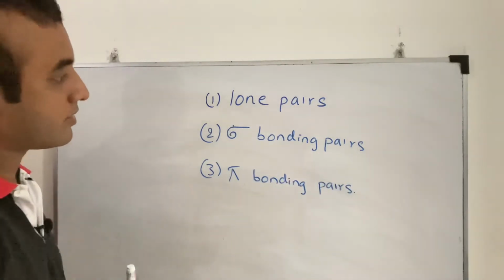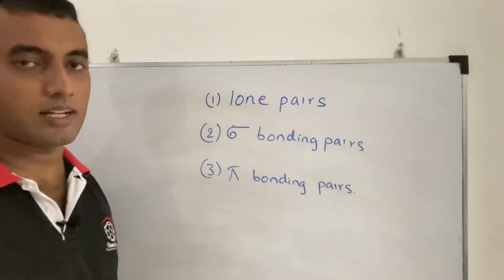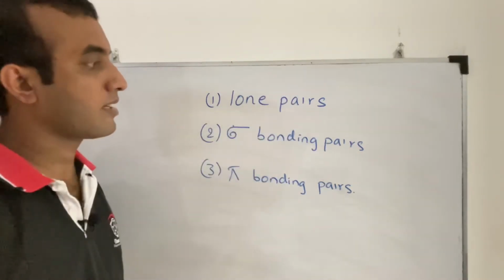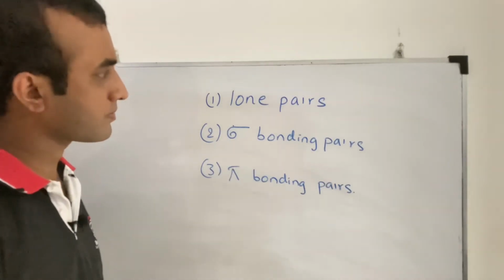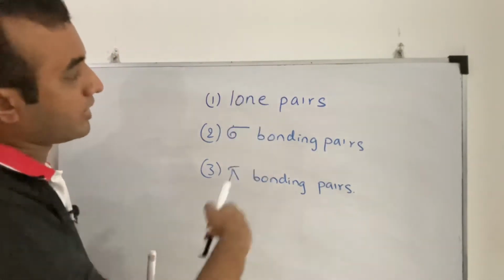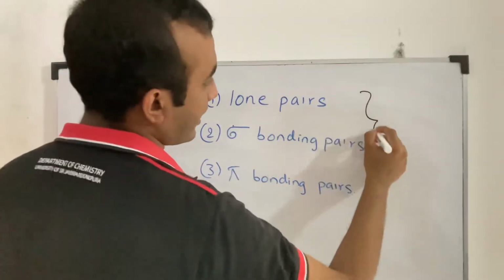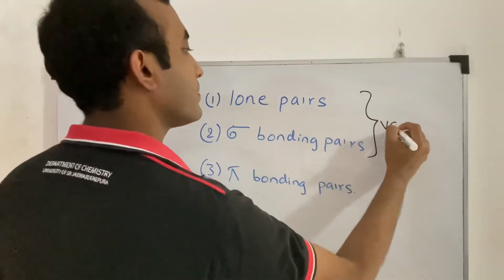So these three types of electron pairs can be around an atom in a molecule. Out of these, two types are called VSEPR pairs.